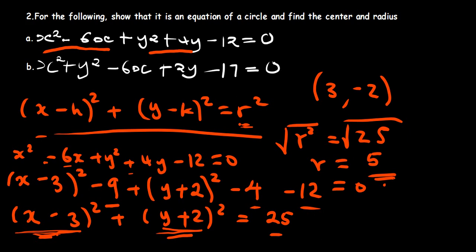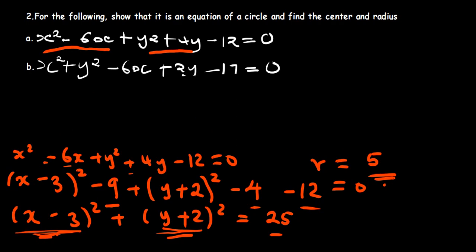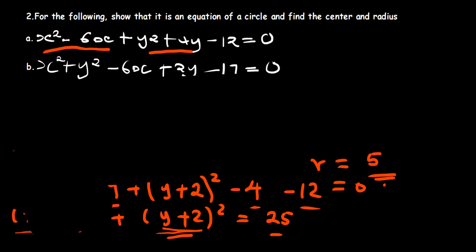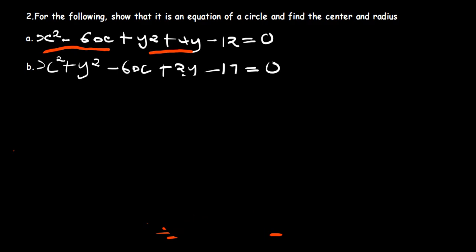Alright, so I will erase this part such that we do part B of the question. Then we will call it a day for this lesson. Alright, so how do we do that second part?